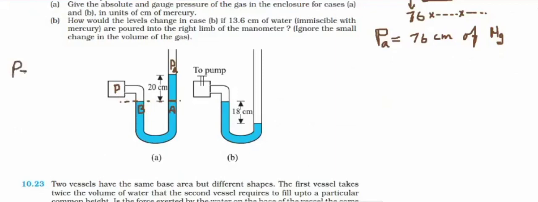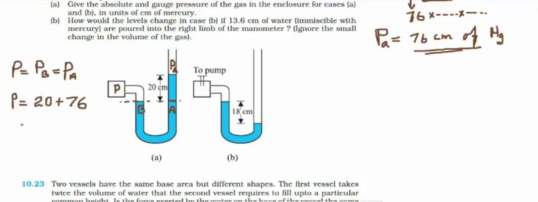Pressure P is equal to pressure at B, which is equal to pressure at A, and pressure at A is equal to the pressure applied by 20 centimeter of mercury plus atmospheric pressure, that is 76 centimeter of mercury.